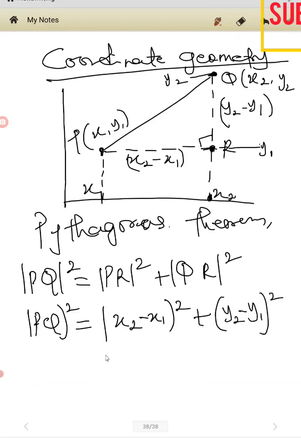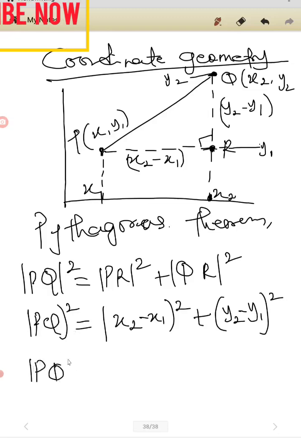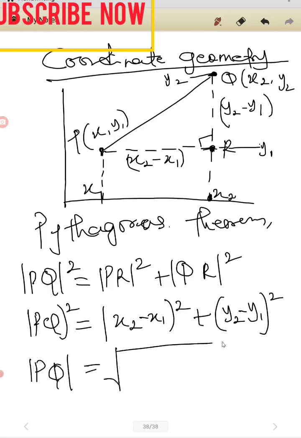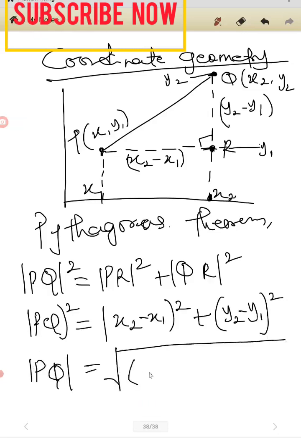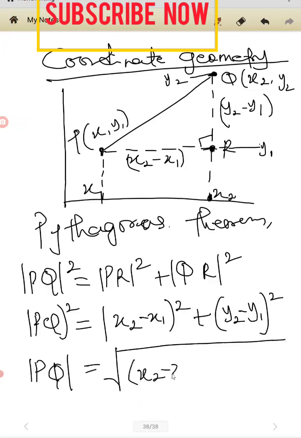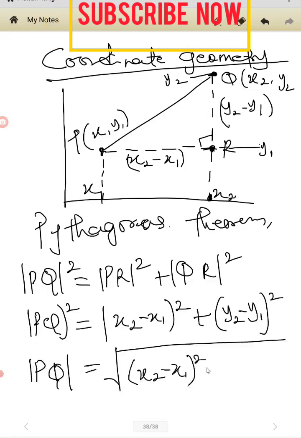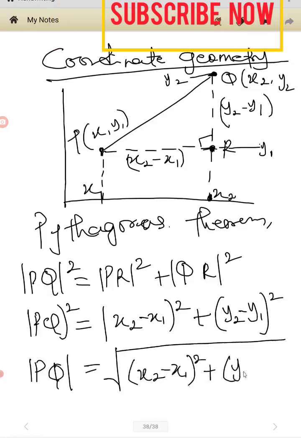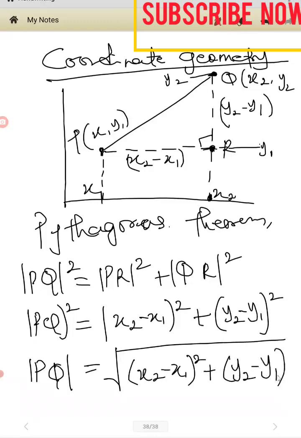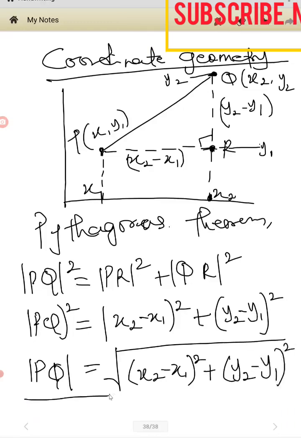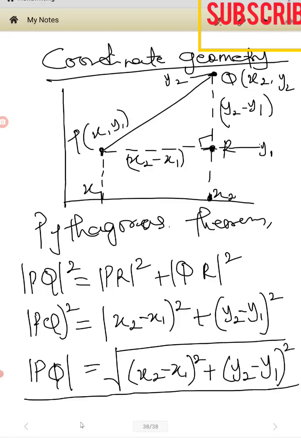But what exactly we need is the line PQ, which will now be the square root of x2 minus x1 squared plus y2 minus y1 squared.